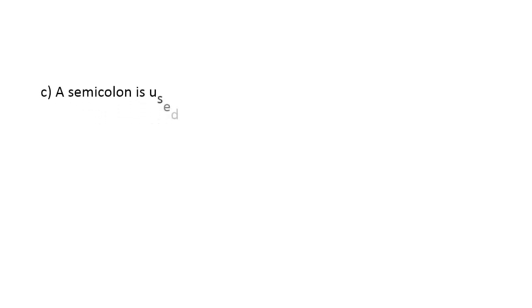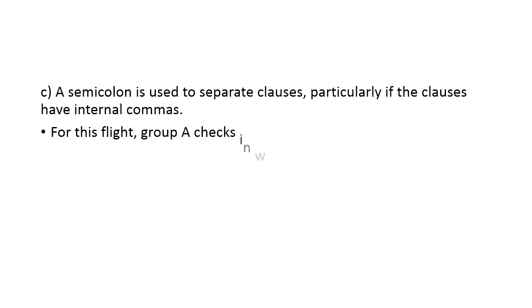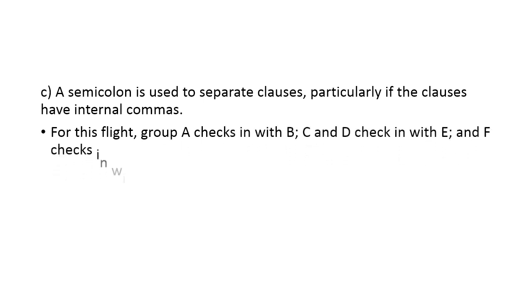A semicolon is used to separate clauses, particularly if the clauses have internal commas. Example: for this flight, group A checks in with B, C and D in with E, and F checks in with G. Internal commas means when in a sentence we have already put a comma.